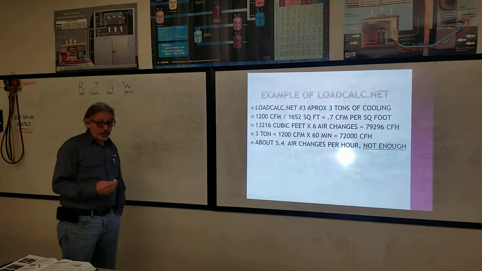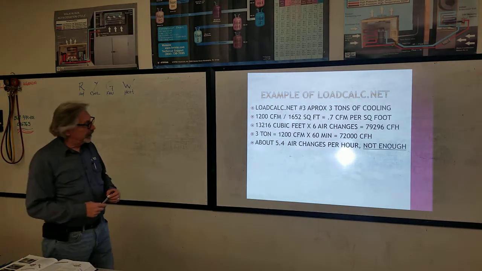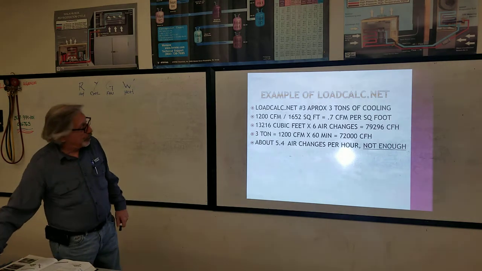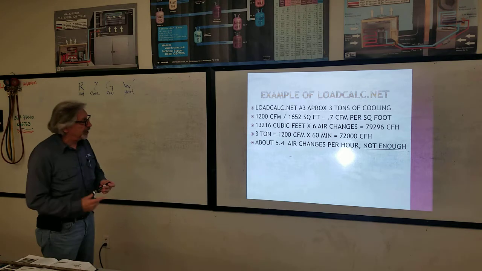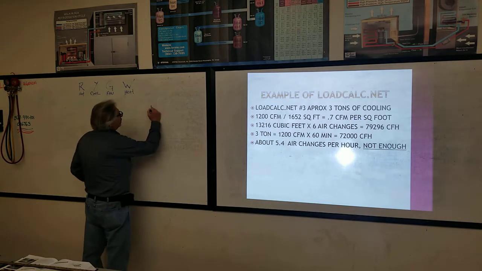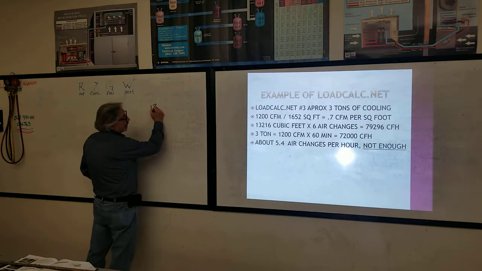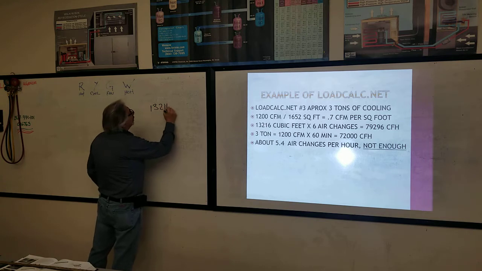Why don't we take our little example here, and we'll go cubic feet. Remember our cubic feet for our house? 13,216 cubic feet.